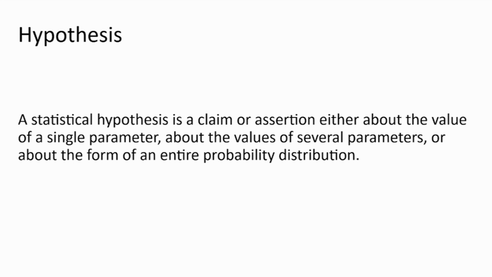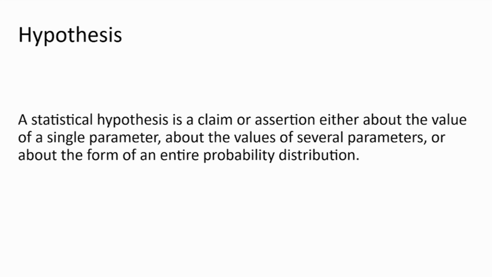Now let's formulate some hypotheses. A hypothesis could be of this type: the average height of boys is 5.5 feet. That's it. Please go back to population. I am not talking of sample, I am talking of population.